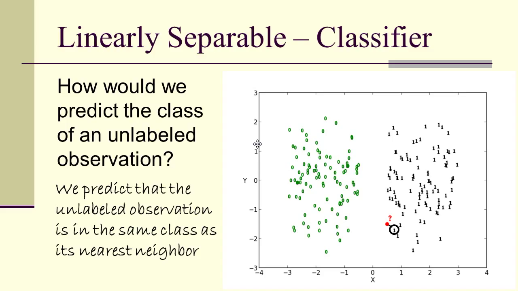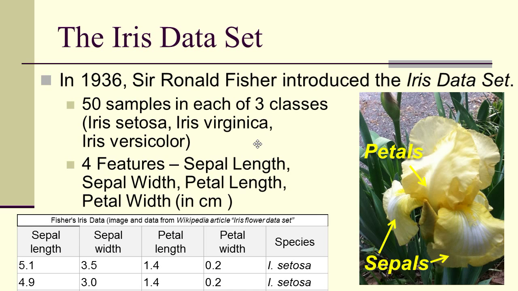Because if we have linear separation, then an unlabeled observation should be in the same class as its nearest neighbor, the known observation that's closest to the unlabeled observation. And when we use the closest points to classify a given point, that's known as a nearest neighbor classifier.